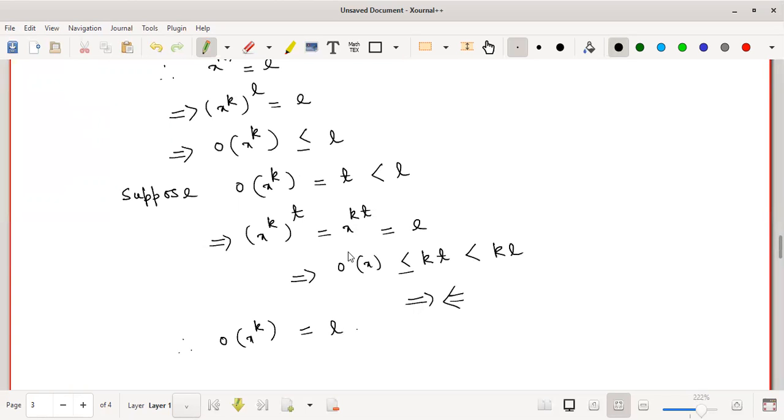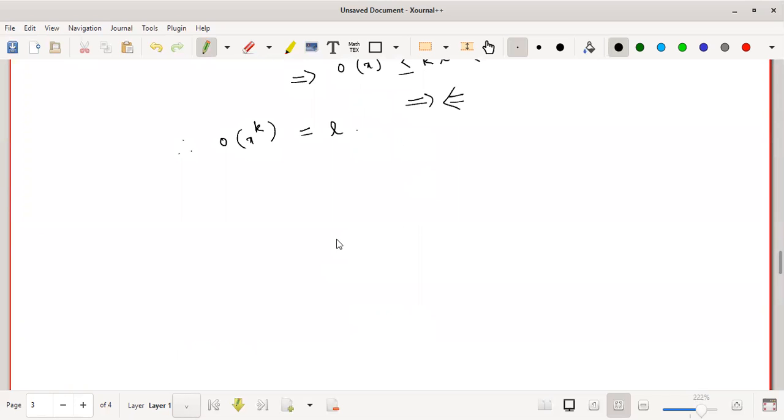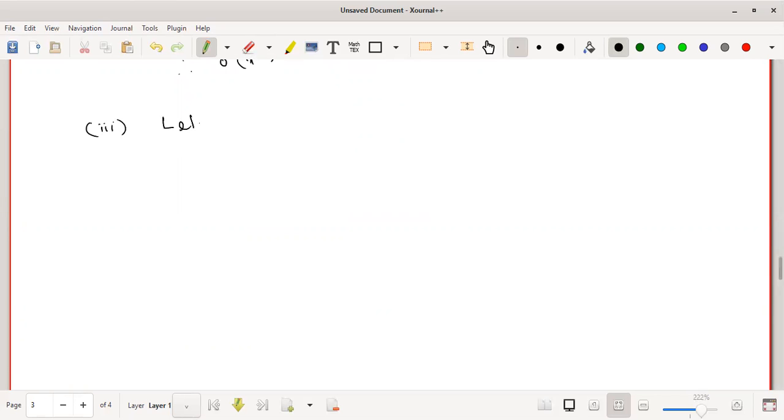Okay, now let us prove that the order of x is equal to the order of x inverse. Number 3. Let the order of x be equal to n and say the order of x inverse is equal to m.